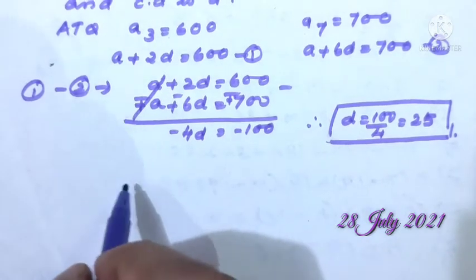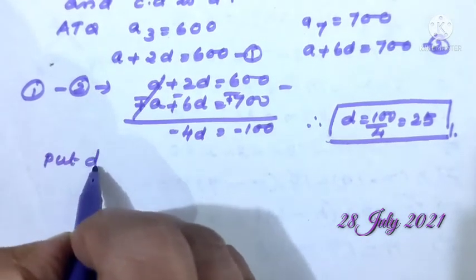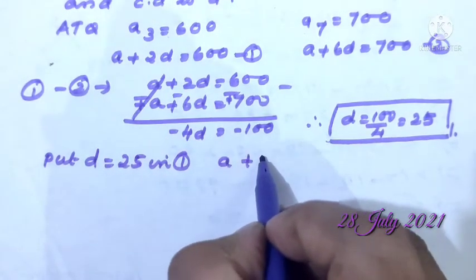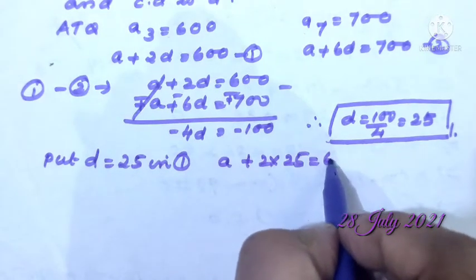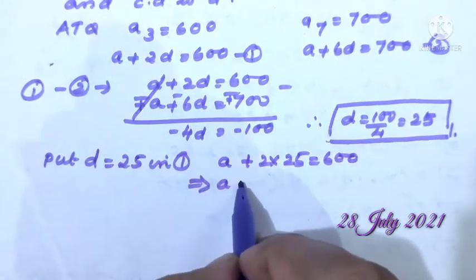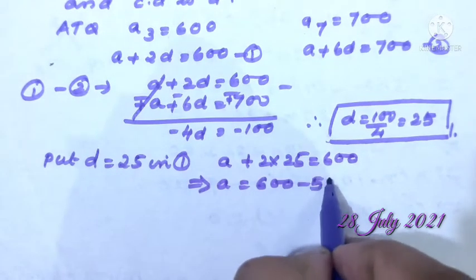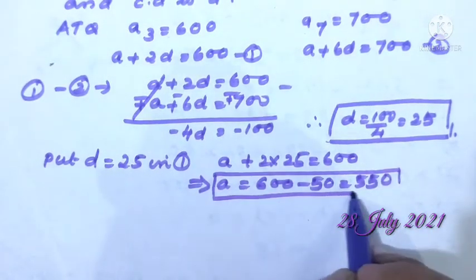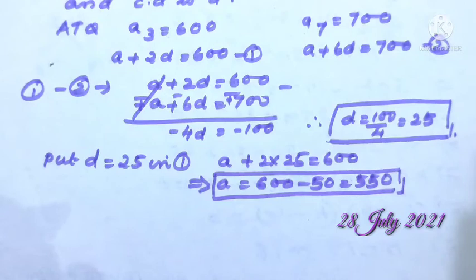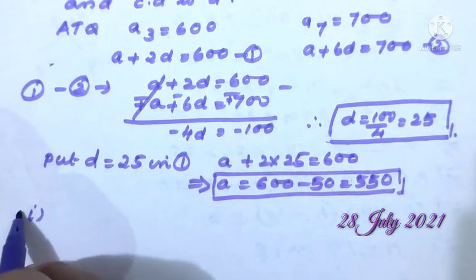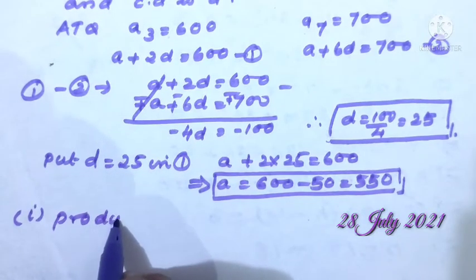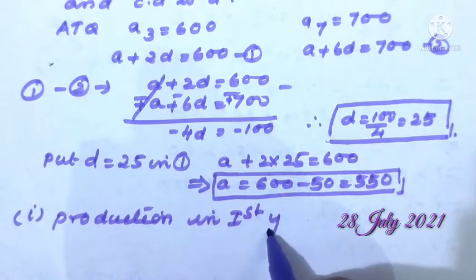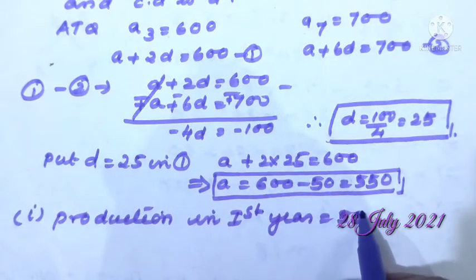Now we have to calculate a. So put d equal to 25 in 1. a plus 2 into 25 equal to 600, which implies a equal to 600 minus 50, which is equal to 550. Now we have got a and d. What is the production in the first year? Production in the first year equal to 550.